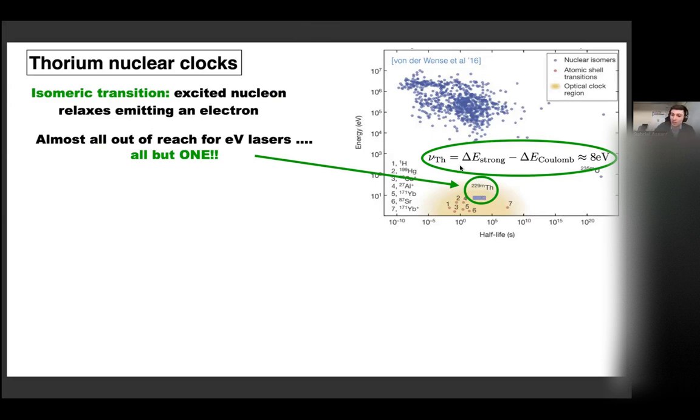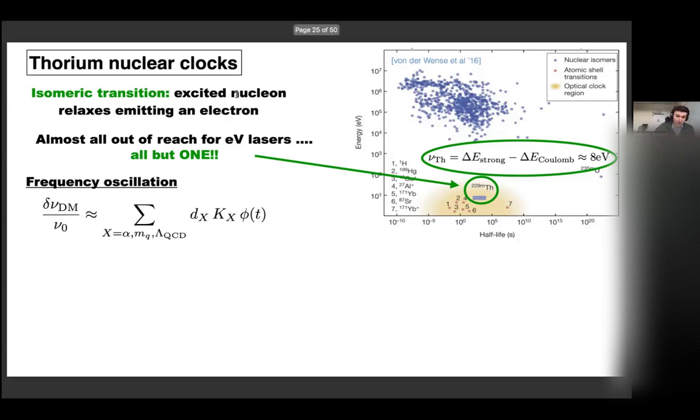And this is because there's a natural fine-tuning, a cancellation between the binding energy coming from the strong sector and the Coulomb force for thorium. So this is thorium-229, Th is thorium. And essentially, these are the only candidates right now that we think can be used to make nuclear clocks.